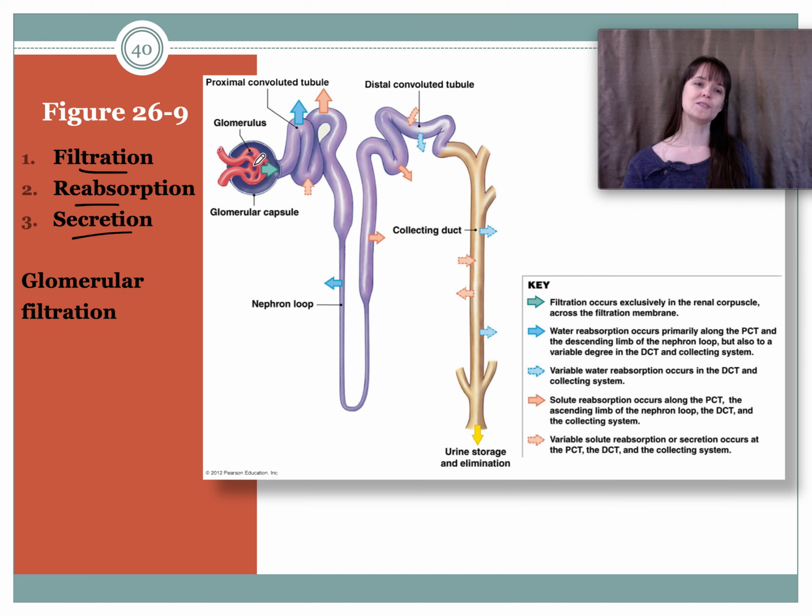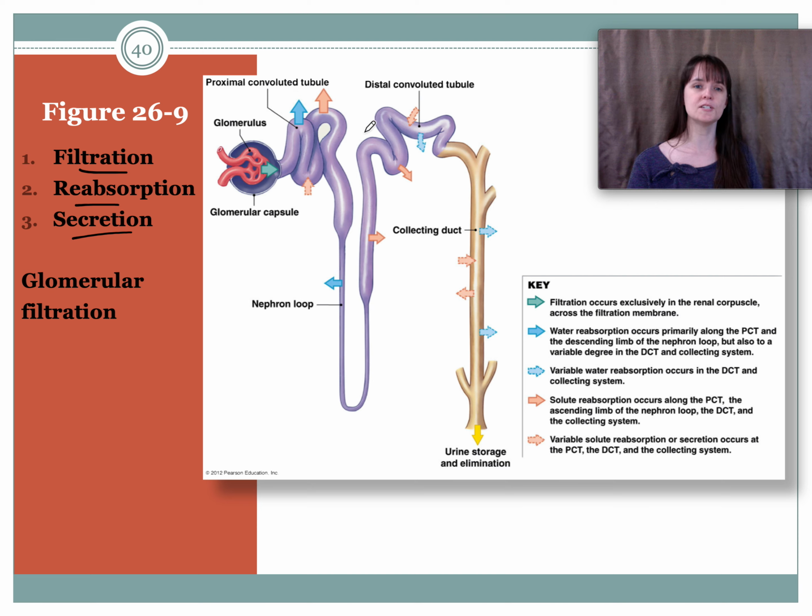Once you've filtered stuff out into the filtrate, it's kind of considered outside the body. So when the nutrients are pulled back into the cell, they're being reabsorbed back into the body so that they aren't peed out.